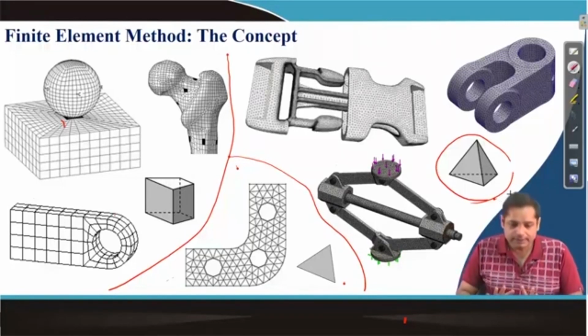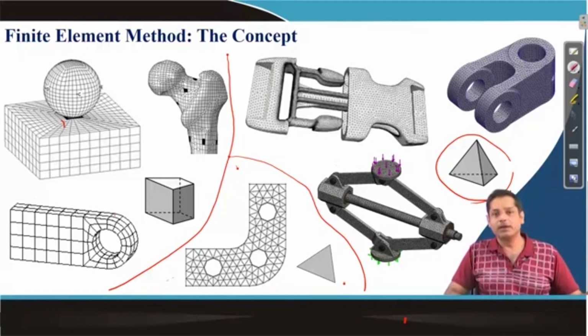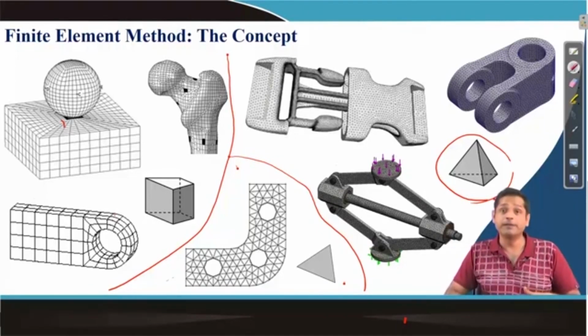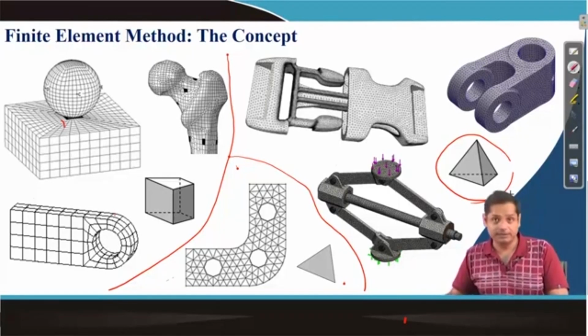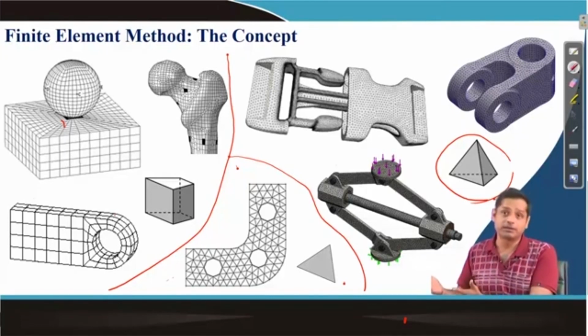So this gives you the basic idea of the finite element method, at least the philosophy of it. And then the next 11 weeks probably we'll be discussing how to translate this idea into a method. Based on this idea, we'll try to form a method and then apply this method to different problems.